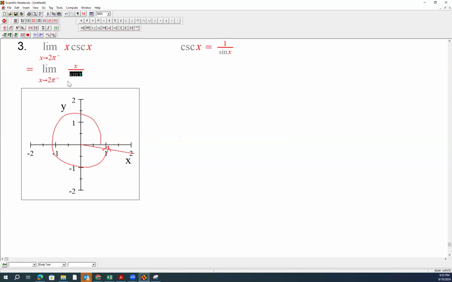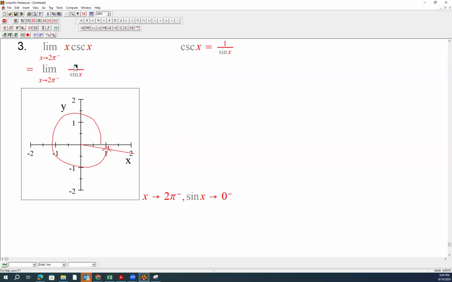As x approaches 2 pi from smaller than 2 pi, that's where the terminal side is, and sine of x is approaching 0 from smaller than 0, because sine is negative in the fourth quadrant.